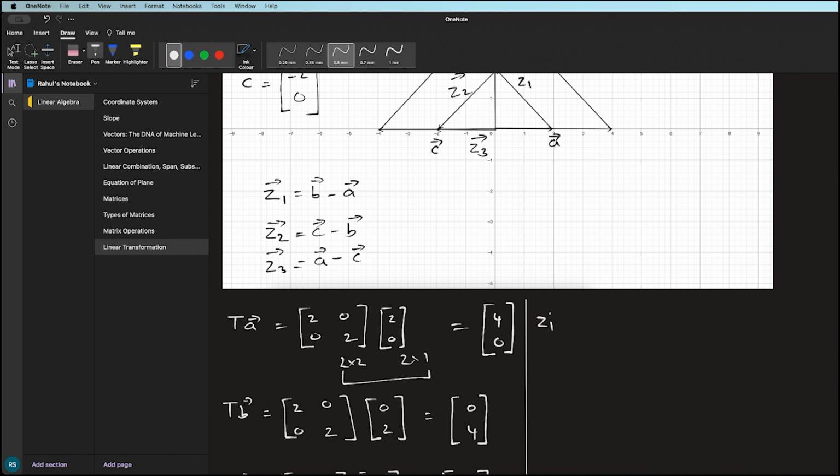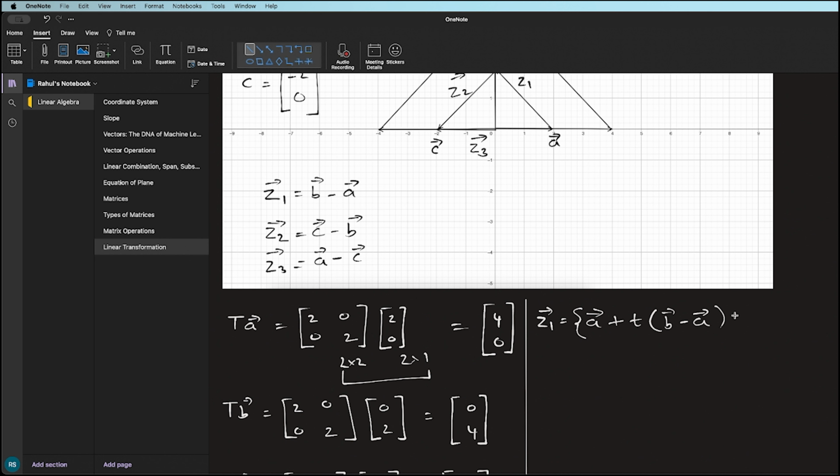z1 as the set, that is vector a plus t times (vector b minus vector a), given t is between 0 to 1.